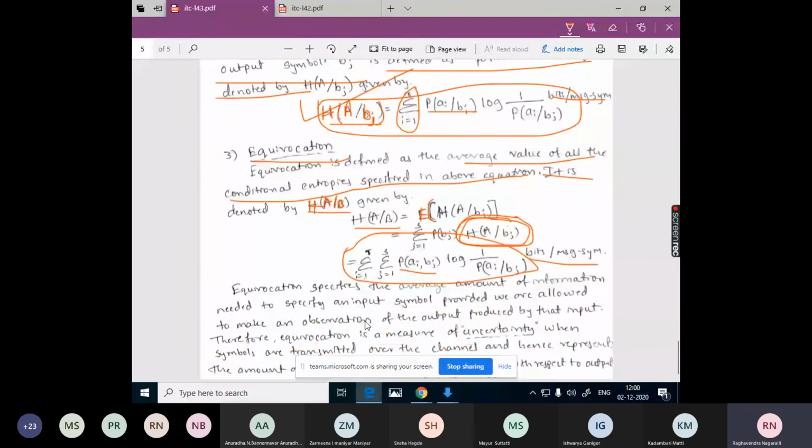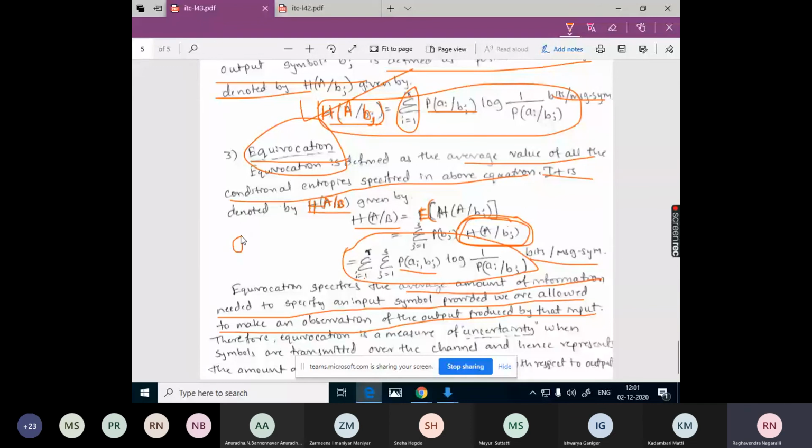Okay, so equivocation is a measure of the average amount of information needed to specify an input symbol, provided we are allowed to make an observation of the output produced by that input symbol.